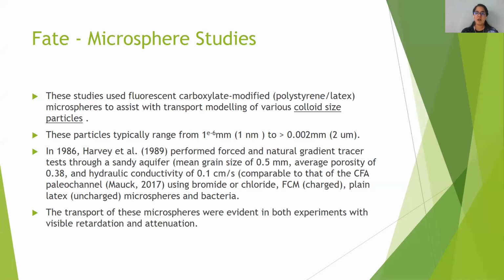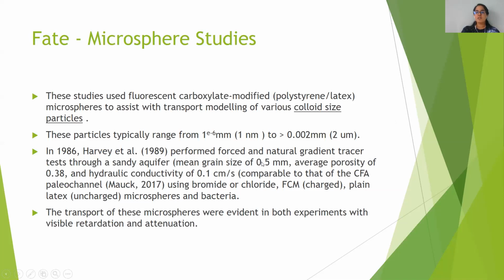And so the study in 1986, they performed forced and natural gradient tracer tests using these microspheres, as well as bromide and chloride. The microspheres were uncharged, and some of them were negatively charged as well.